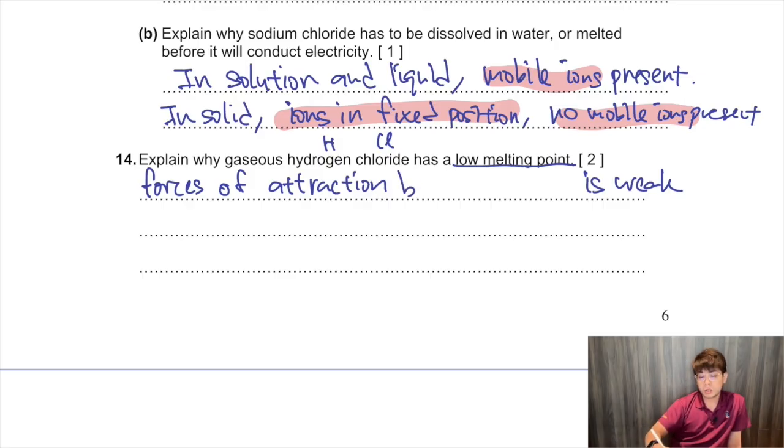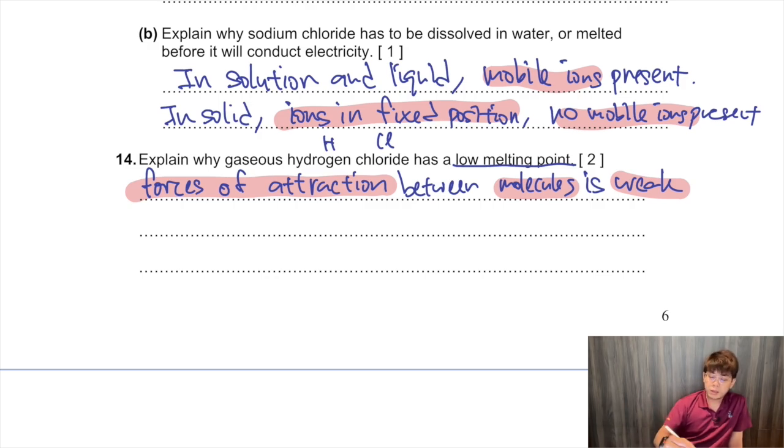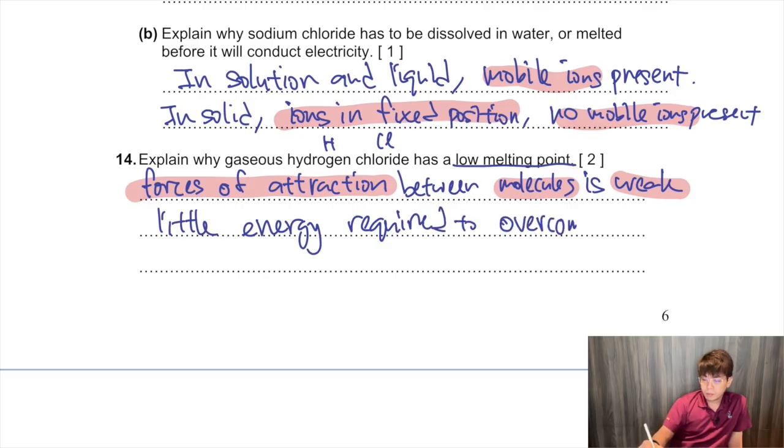So force of attraction between molecules. We need to get this part right. So force of attraction is weak firstly, and then must be between molecules. Ionic is between ions. So when it's weak, then you must say that little energy required to overcome the forces. So again, key: little energy, overcome.